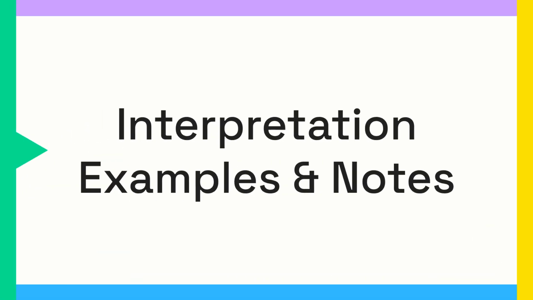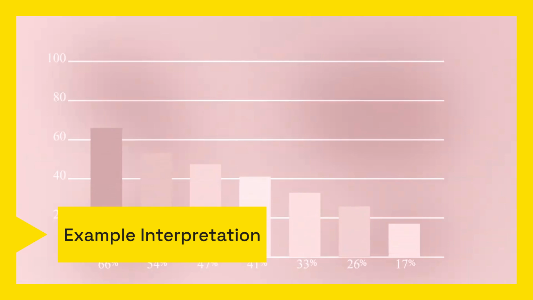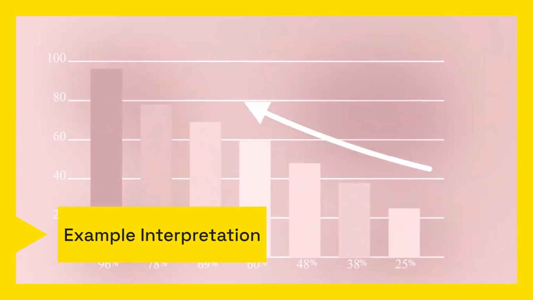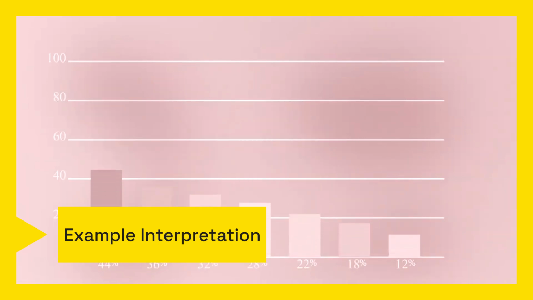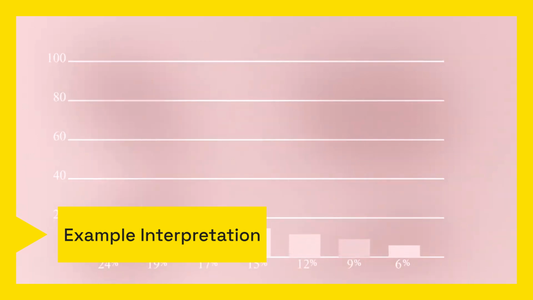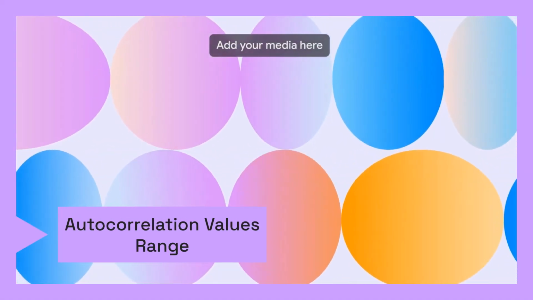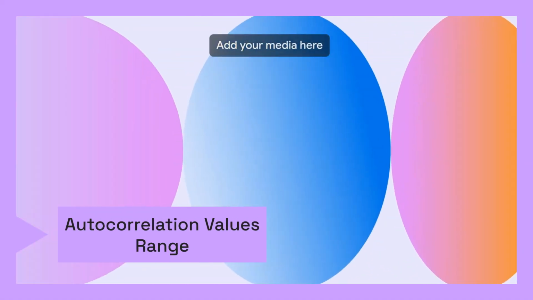Let's review an example and some important notes to keep in mind when interpreting autocorrelation. Consider an example where your ACF shows a gradual decline from lag 1, combined with significant spikes at lag 12 and lag 24. This pattern would indicate both a strong trend and clear seasonality with a 12-period cycle. Remember, autocorrelation values always range from -1 to +1.